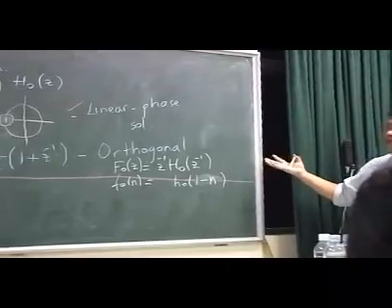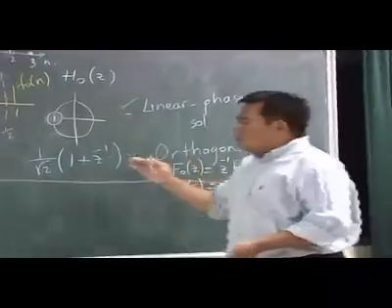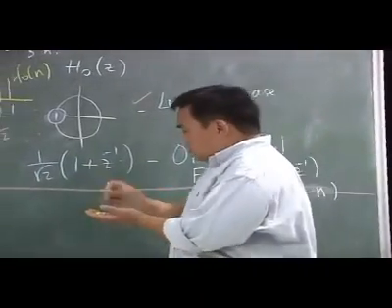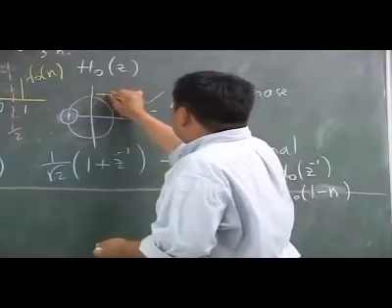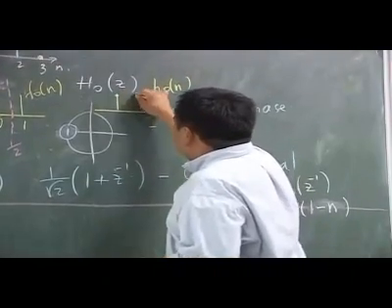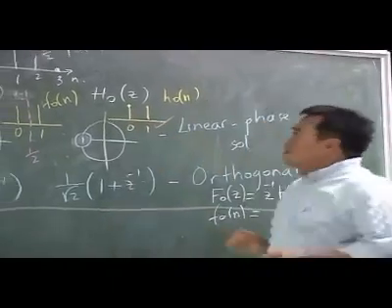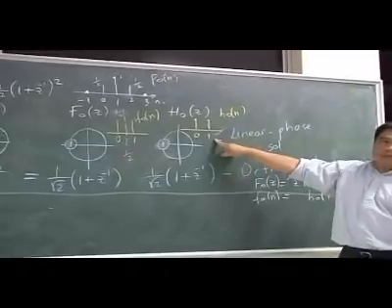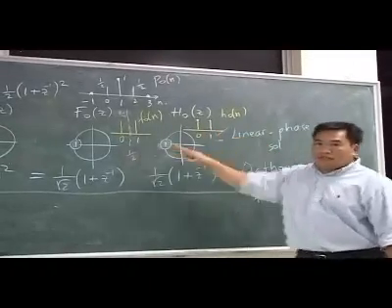Another way to test is to plot the two impulse responses of my solution. So let's plot the other one, H naught of n. It's going to be like this, exactly the same, right? Does this system and this one satisfy this?